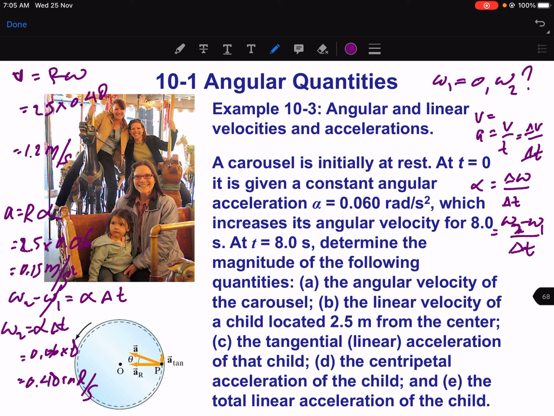The opposite of centripetal, they call it centrifugal. So the formula will be a_R equal to V square over R. We already have V just now as 1.2, R is 2.5. So it's around 0.5658 meter per second square.